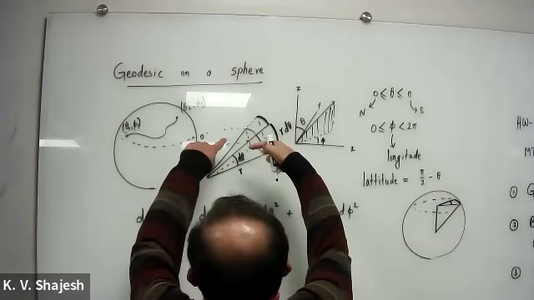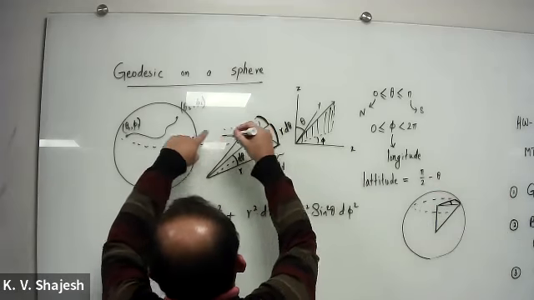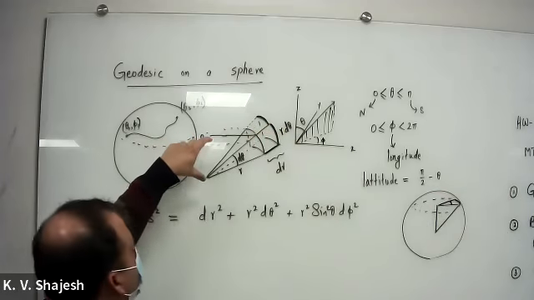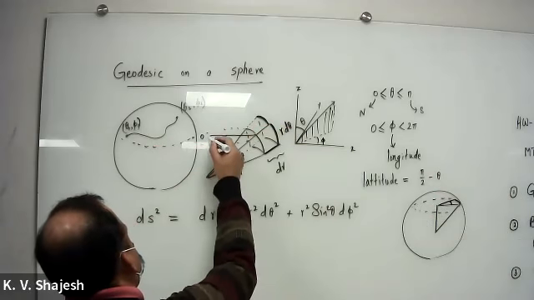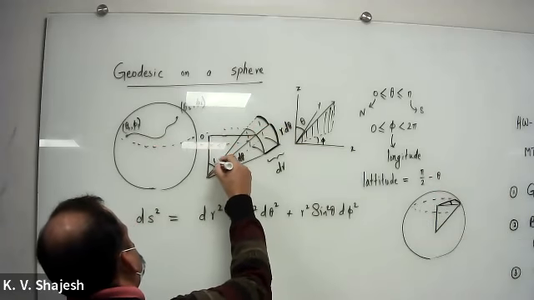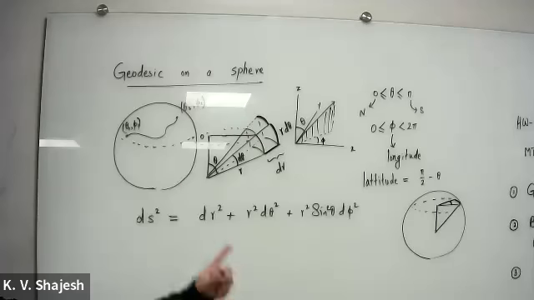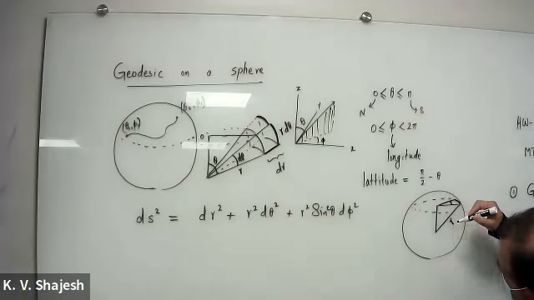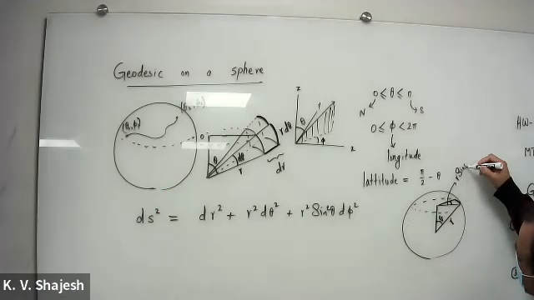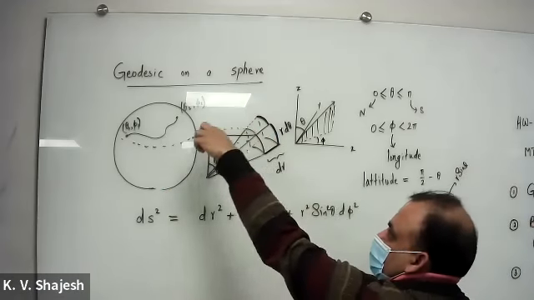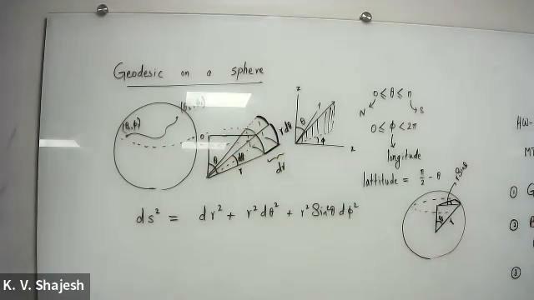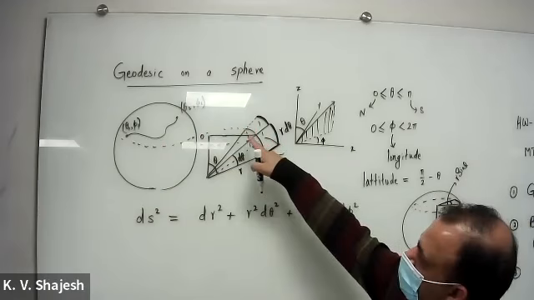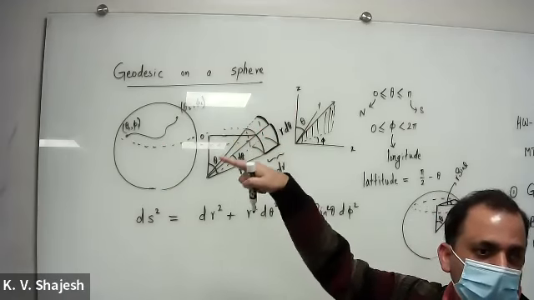If you want the radius of this piece, you have to go here and get the radius. If this is r and this is theta, that piece here is r sine theta. This circle is horizontal, so its radius is r sine theta, and the arc length is r sine theta d phi.